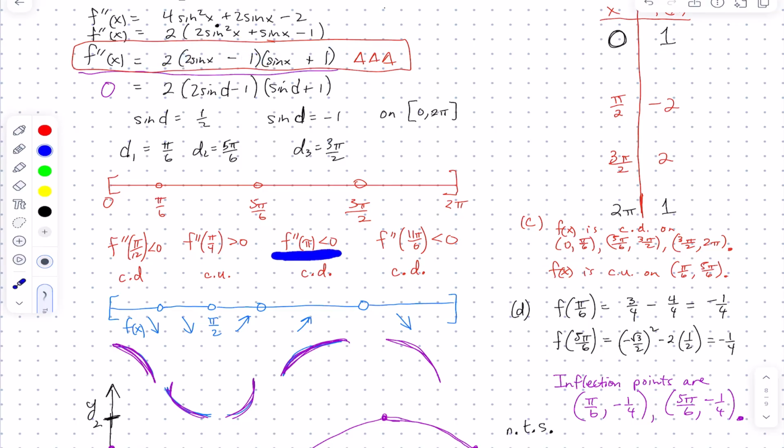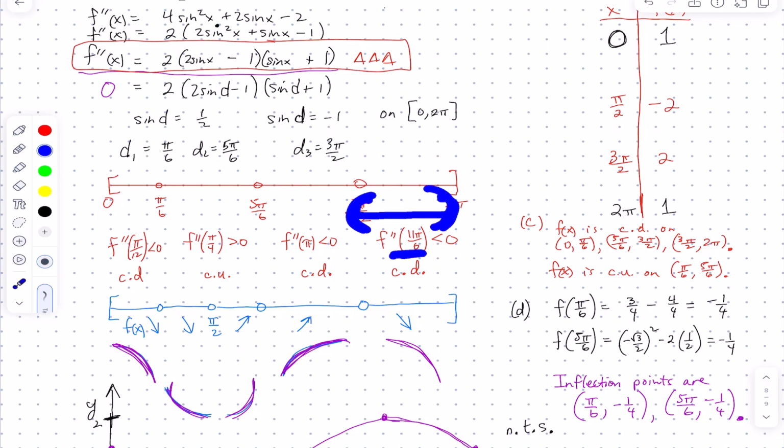And we could do the same thing for pi. Evaluate the second derivative at pi, and notice sine of pi gets you 0. So this leaves you with positive times a negative times a positive. That is definitely negative. How about evaluating for a test value between 3 pi over 2 and 2 pi.